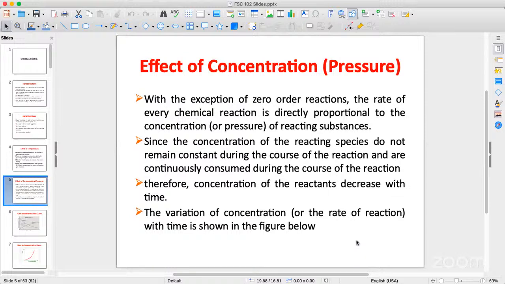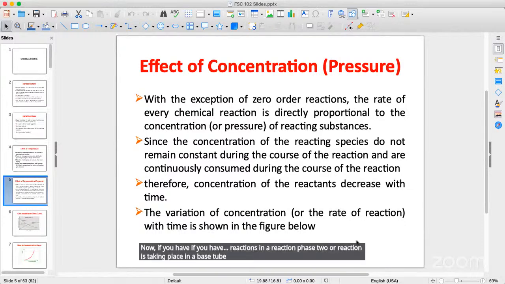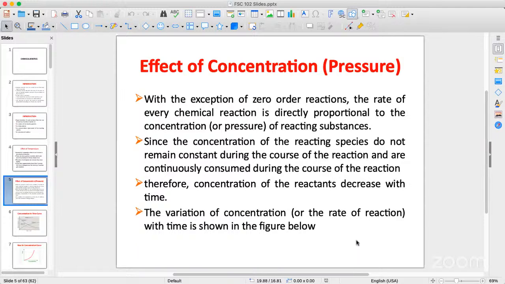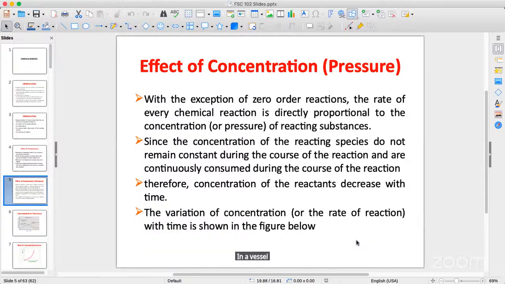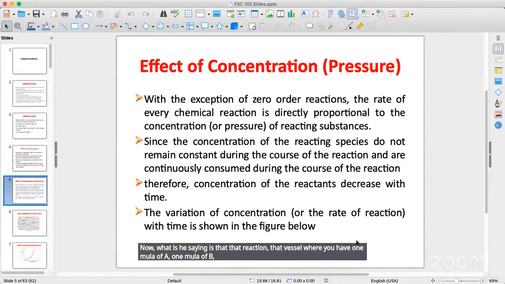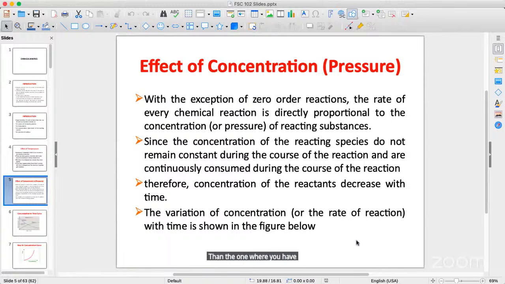If you have a reaction taking place in a vessel with 1 molar of A and 1 molar of B, and you have another vessel with 2 molar of A and 2 molar of B, what this is saying is that the vessel with 1 molar of A and 1 molar of B will proceed slower than the one with 2 molar of A and 2 molar of B. Essentially, this is what it's saying.